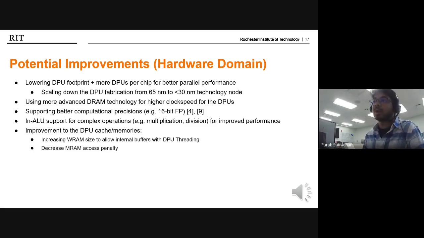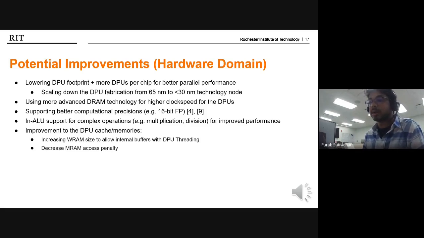But first and foremost, we would like to point out that the DPU's large footprint is a challenge in terms of improving parallel performance. For example, the DPU has a 3.75 millimeter square footprint, which is 3 times larger than a DRAM bank, which is around 1 millimeter square in the 28 nanometer technology. That reminds me of the other thing, which is the technology node.